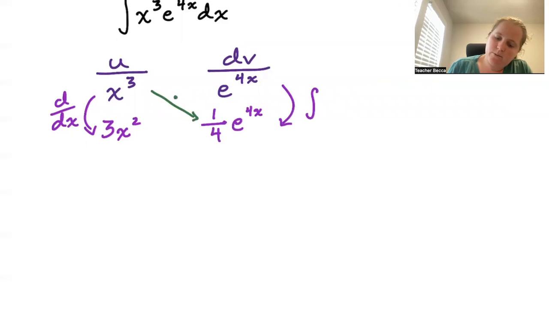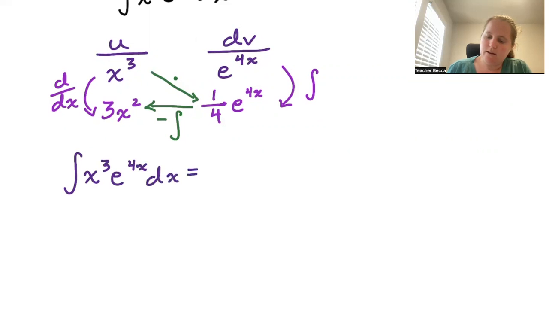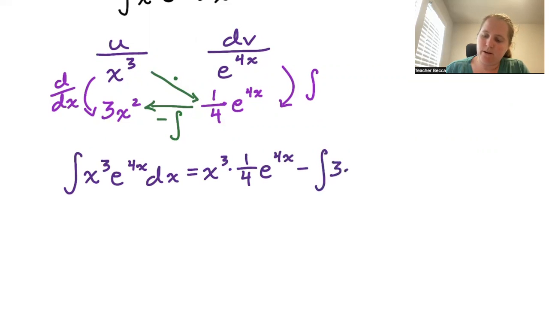We do the positive product on that first diagonal and subtract the integral of the product of that bottom row. So we have the integral of x cubed e to the 4x dx is equal to x cubed times 1/4 e to the 4x minus the integral of 3x squared times 1/4 e to the 4x dx.